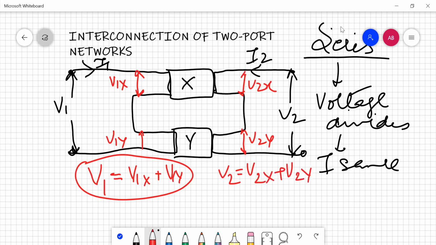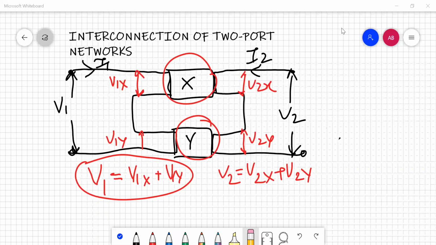Now we have to write down the equations of X as well as Y in terms of the Z parameters separately. How we used to write our Z parameters was that V1 and V2 voltages were expressed in terms of I1 and I2.